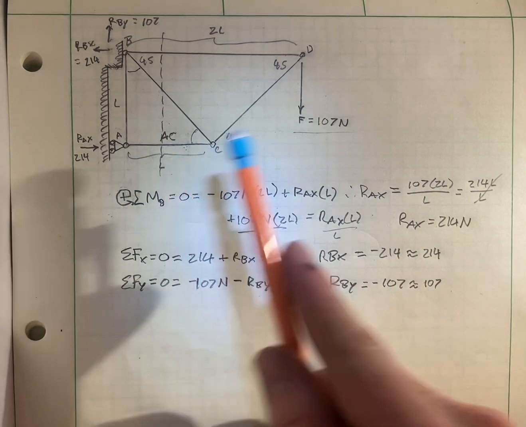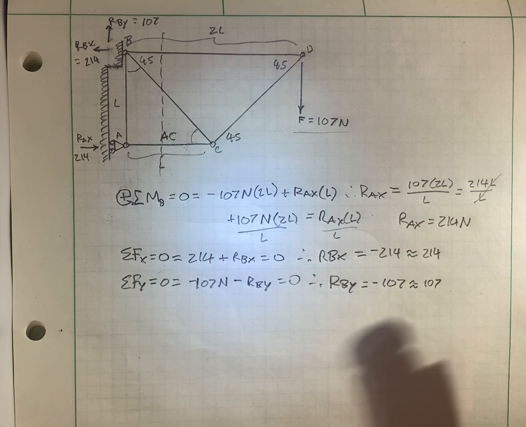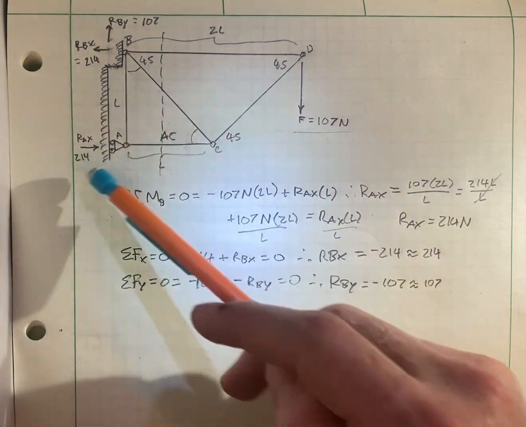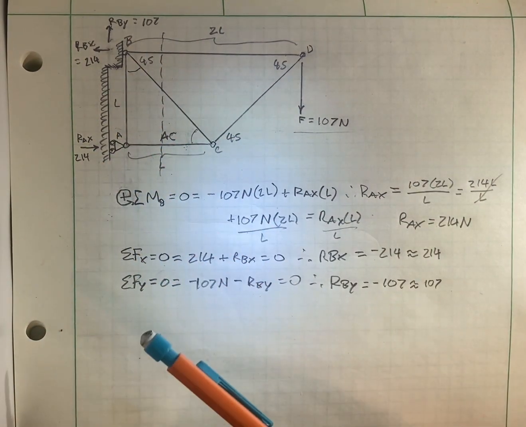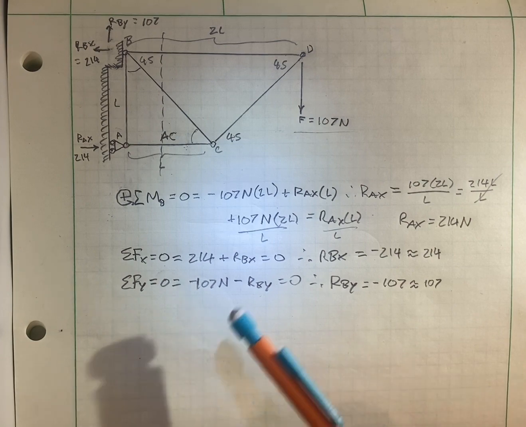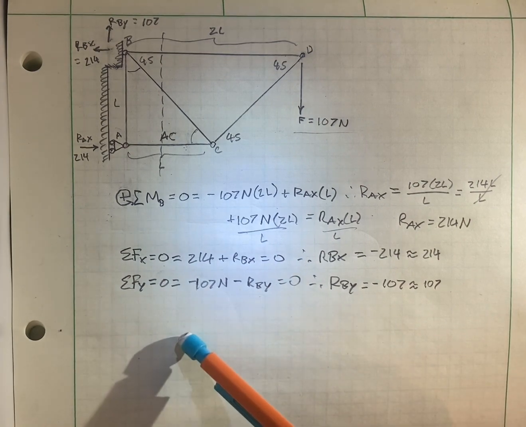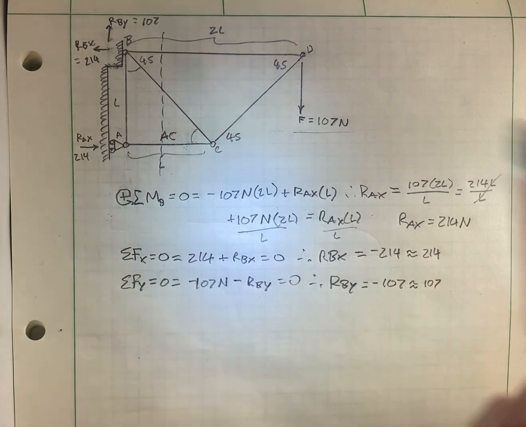And so, which side of this cut should we use? It actually doesn't really matter. It's more just a preference thing. What do you think would be easier? I'm gonna say this side would be easier, just because it seems like less angles. So I'm gonna do that side.